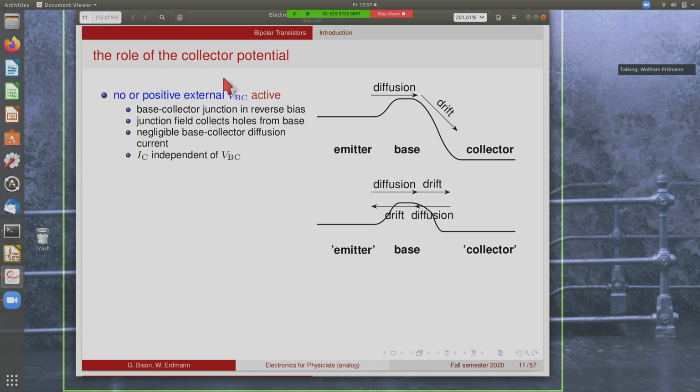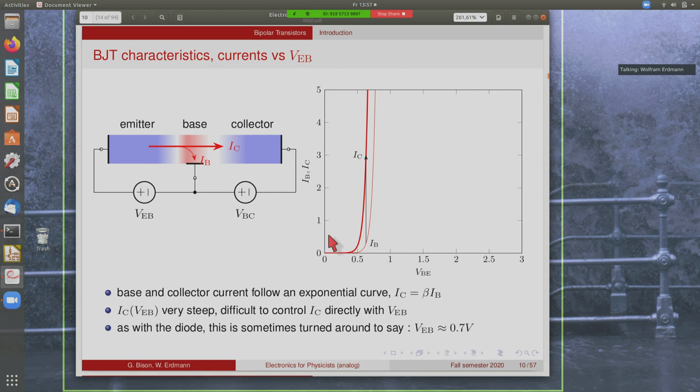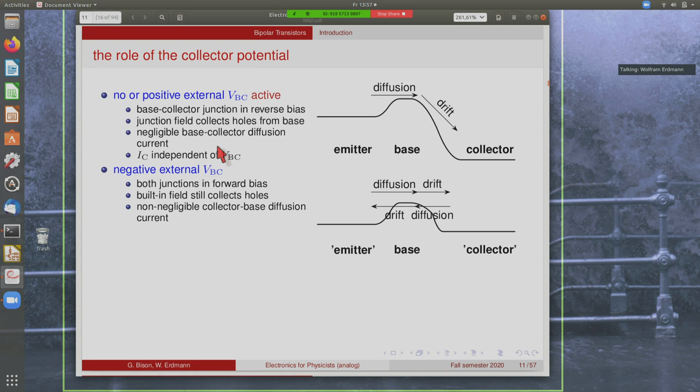We haven't talked about the role of the collector potential. So far in this plot, only the base emitter voltage shows up, and we haven't talked about the collector. We just said that it's in reverse bias here, and the field collects the injected holes. Now let's take a look a bit in detail how it does that. So as long as there's a junction field here, so when there's no base collector voltage or a positive base collector voltage, the junction field is here, or even higher when we increase the base collector voltage.